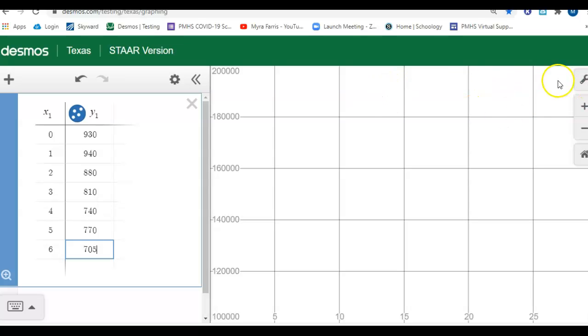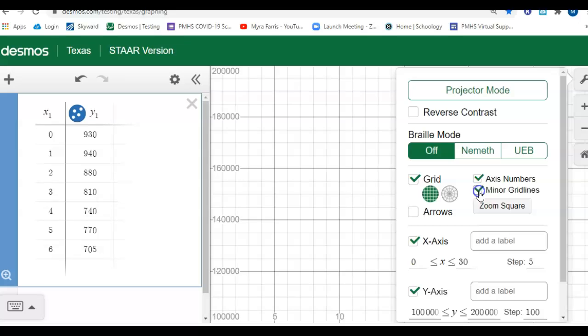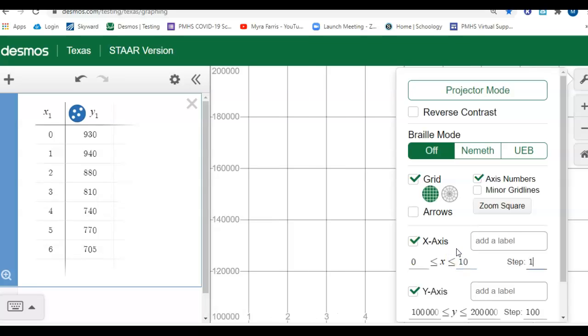And so I'm going to click over here on this one that looks like a wrench. And my X values, I don't like minor grid lines, so I usually take that off. My X values go from 0 to 6. I usually go a little bit more so I can see that last point on my graph.